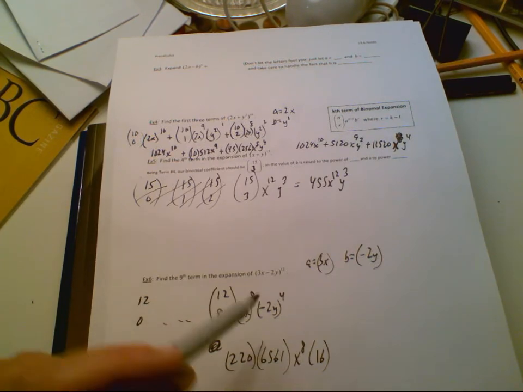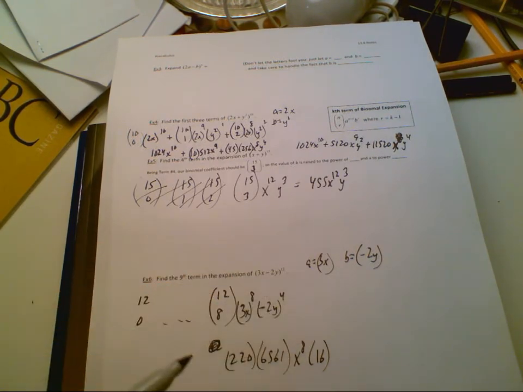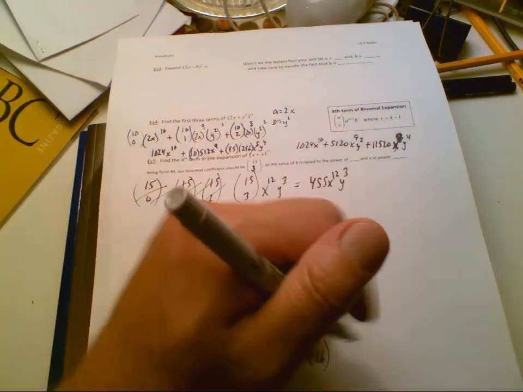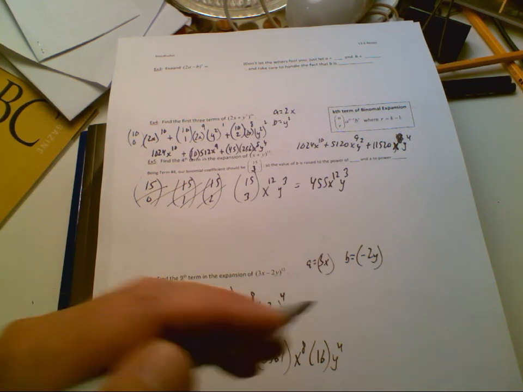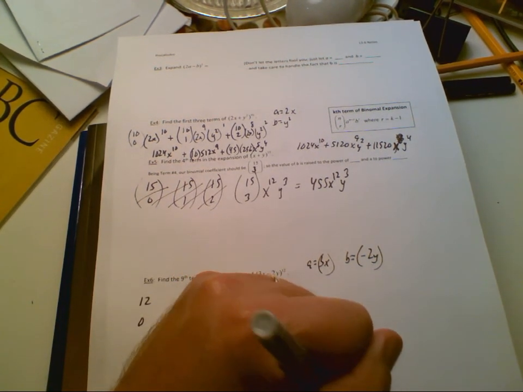And finally, sorry, I just missed that, but you can see all the pieces I've written as the camera zoomed out, my fault. And then y to the 4th. So I've got everything built here. Let's work through. I know it's going to be x to the 8th, y to the 4th.